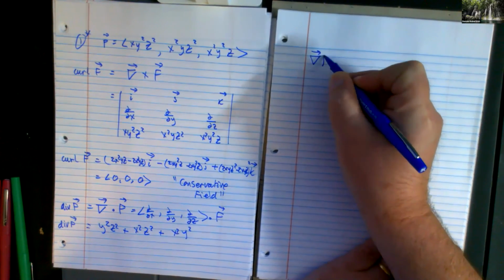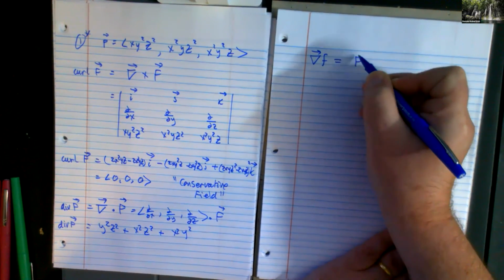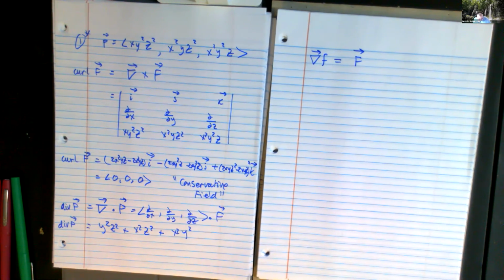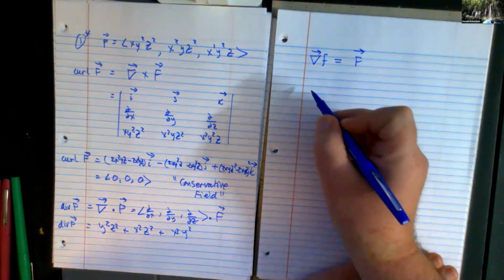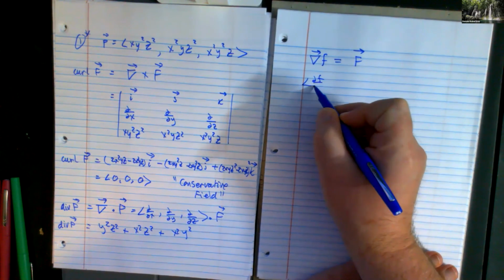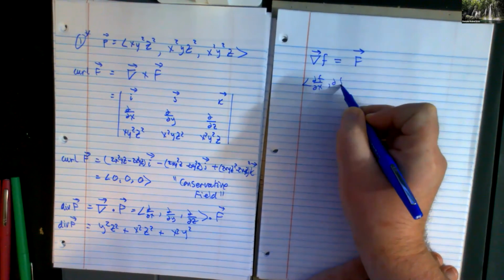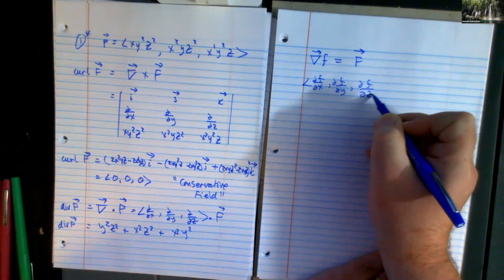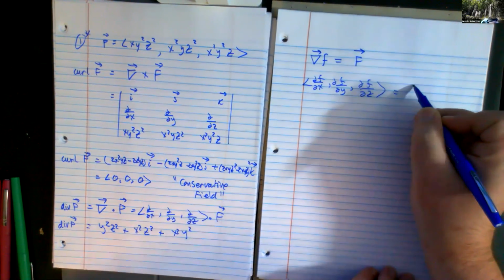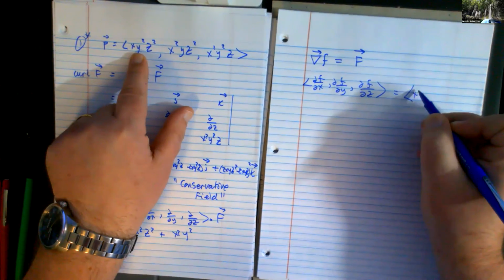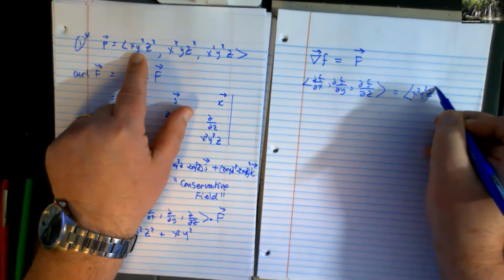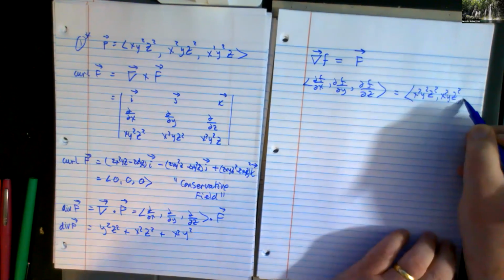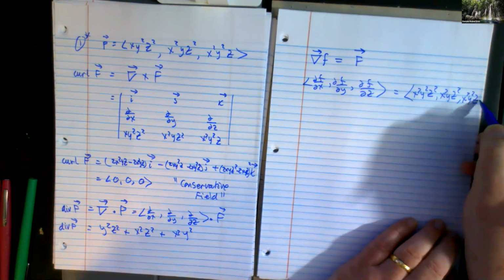If you are a conservative field, isn't that true? And this guy is df by dx, comma, df by dy, comma, df by dz, right? Our typical grad. And it is going to equal this guy, and finally, that guy.